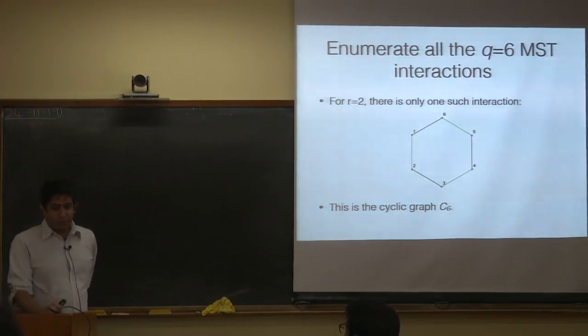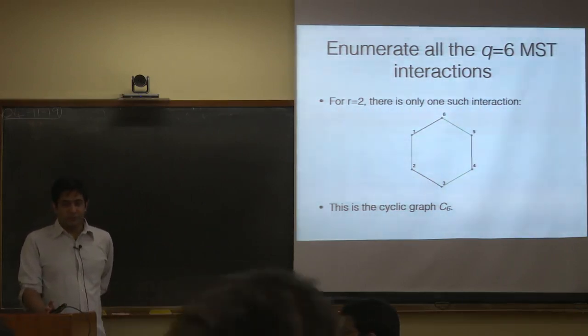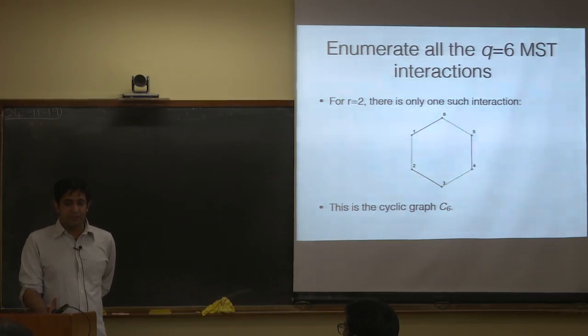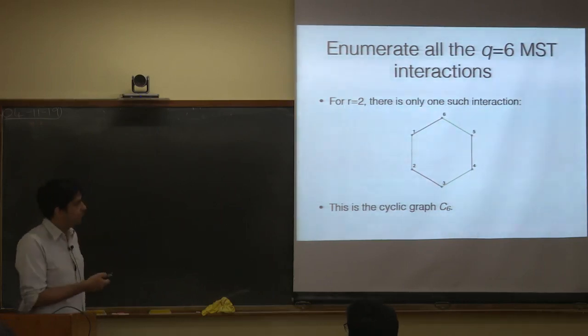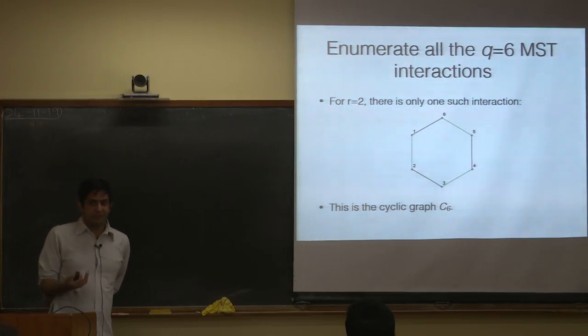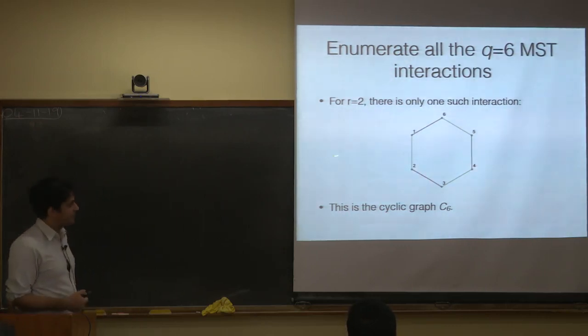If you keep exactly 2 colors and drop all the rest, you make it a matrix theory. Any two colors you keep, it stays single trace. So R equals 2 just has to be single trace. So this is the cyclic graph, and there's just one interaction.